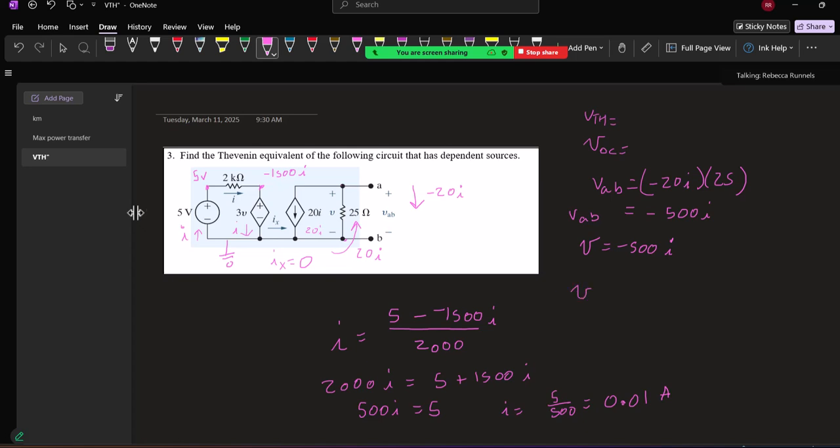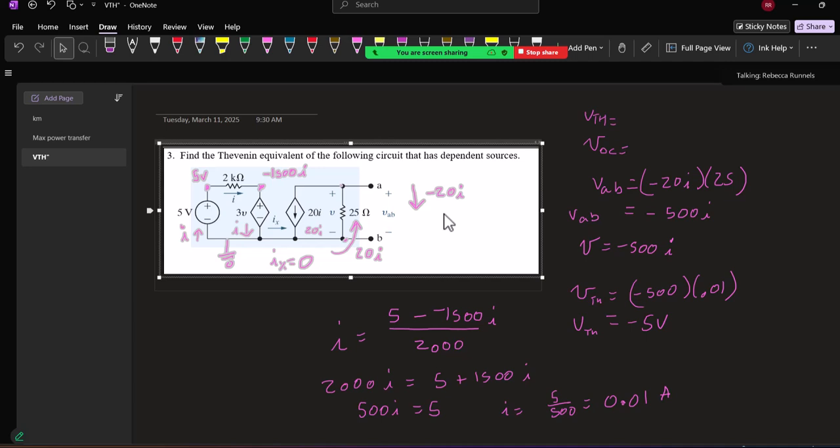So then V Thevenin is negative 500 times 0.01, which is negative 5 volts. Now for this one, we can't do resistor simplification, which makes us sad because that would be a lot easier.